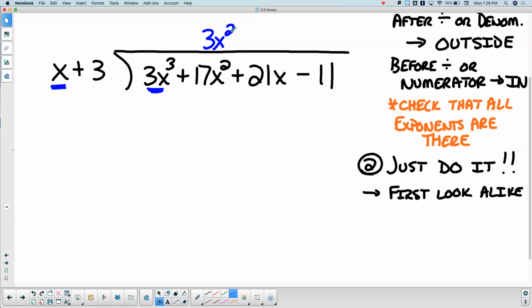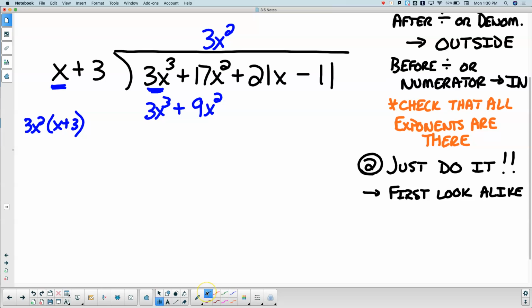Okay. All right. So now I'm going to say 3x squared times x plus 3. I'm going to multiply those together just like we did on the numbered problem. First we did 1 times 84, then 0 times 84, then 9 times 84, and then 2 times 84. And that's going to give me 3x cubed plus 9x squared. In the numbers, what did we do then? We subtracted. Okay?